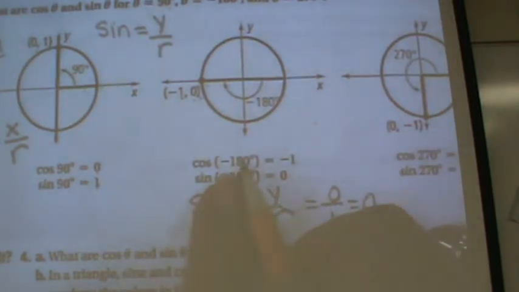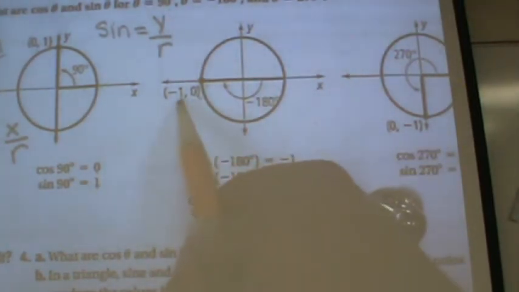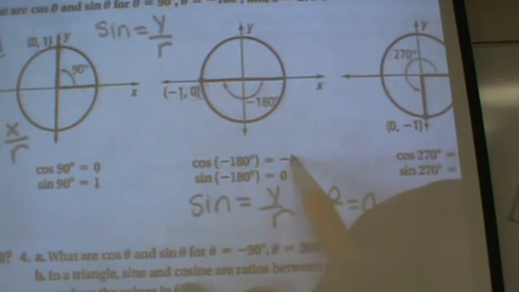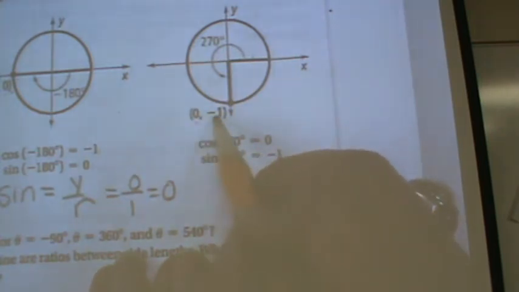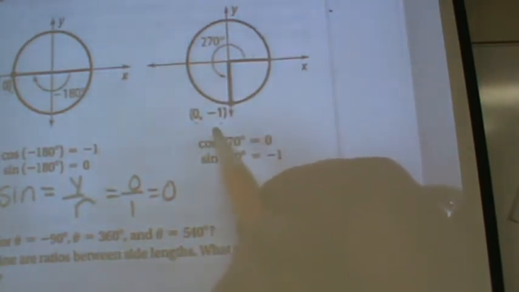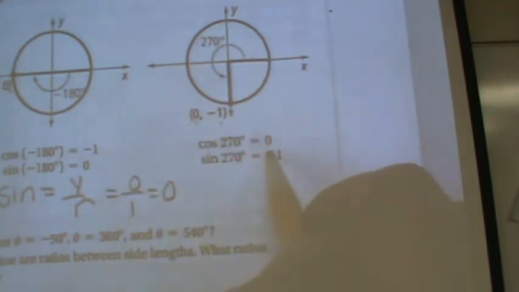And cosine is X over R, so it's negative 1 over 1, which is negative 1. Here's 270. From here to here is 270. This ordered pair is 0, negative 1. The cosine is X over R, so 0 over 1 is 0. And the sine is Y over R, negative 1 over 1, which is negative 1.